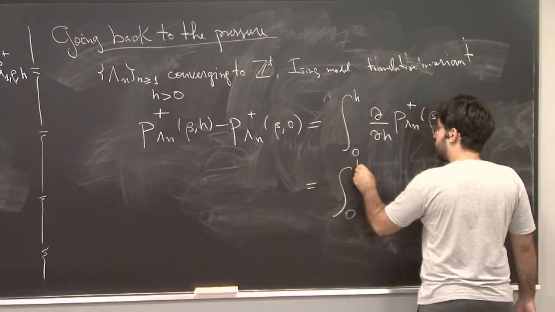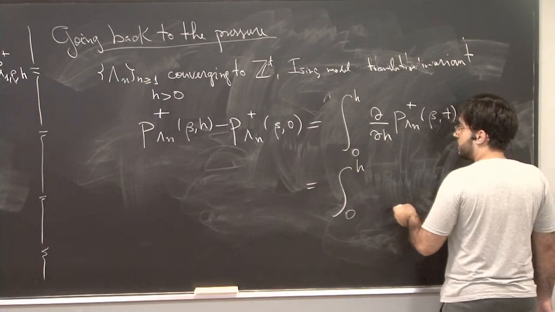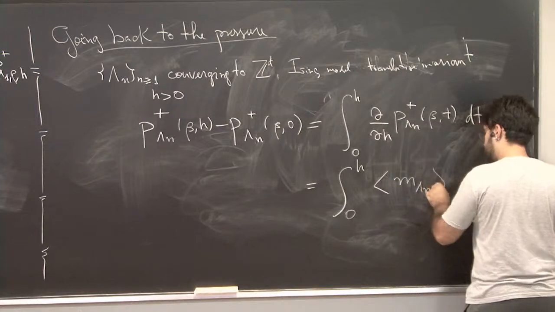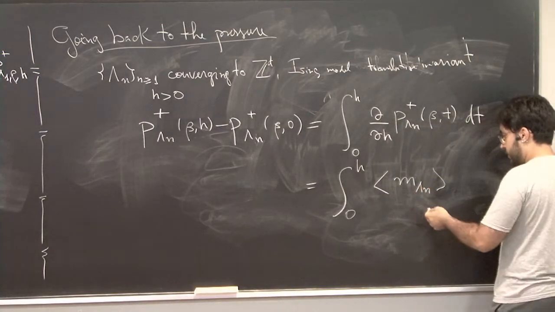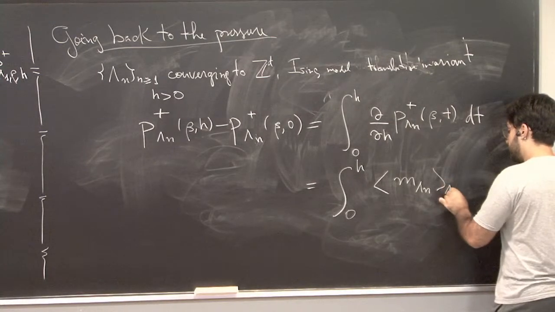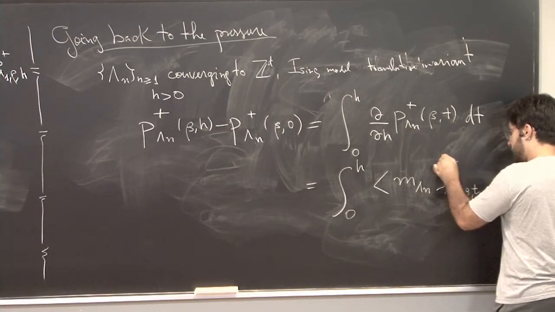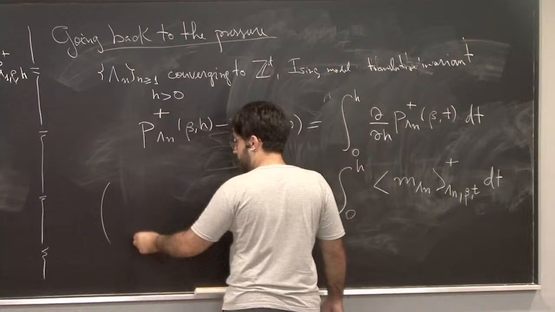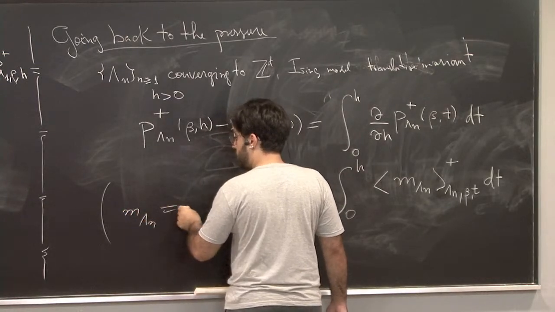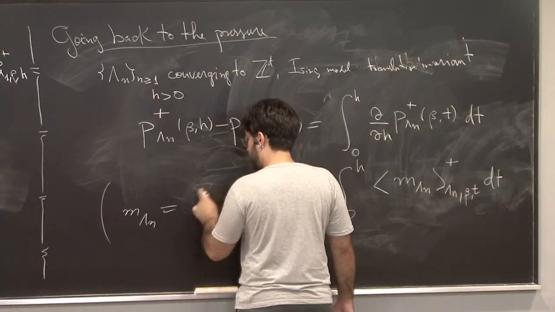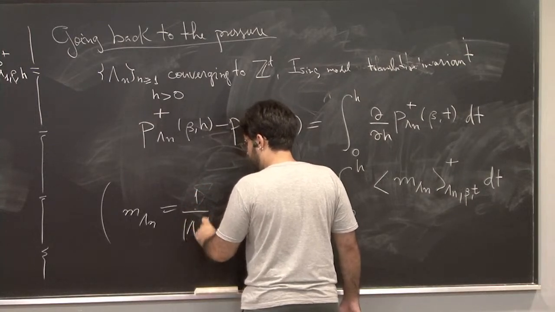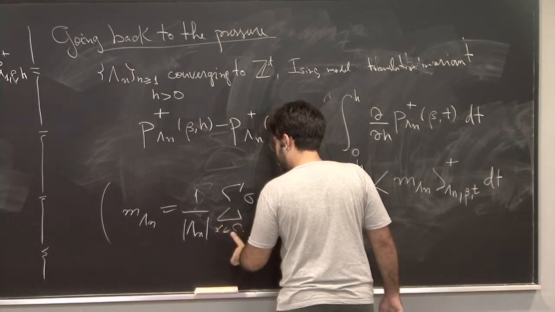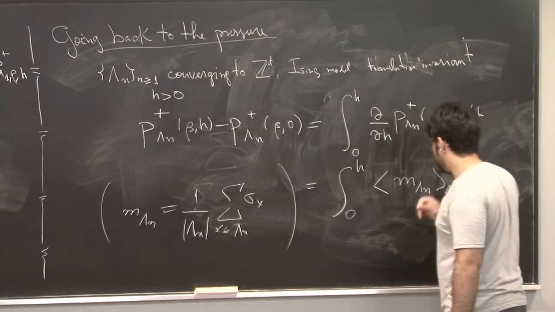We know that this is the expectation value of the magnetization density, beta t plus dt, where remember m lambda n was 1 over lambda n, the sum of all the things inside the finite set lambda n, okay?